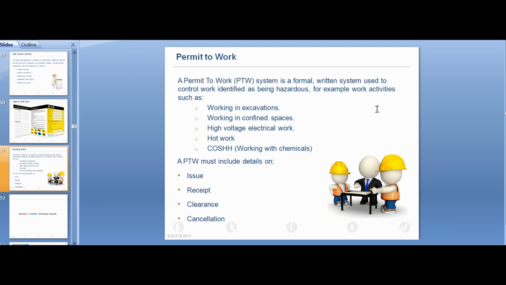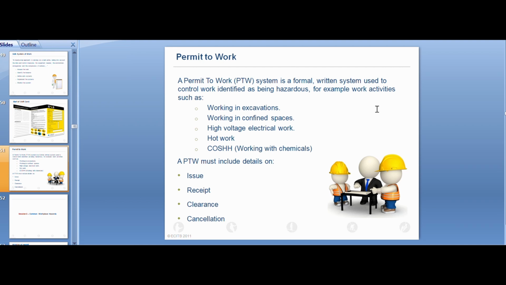Any hazardous activities we have to do, we must make a work permit. Some examples are here. A permit to work system is a formal written system used to control work identified as being hazardous.